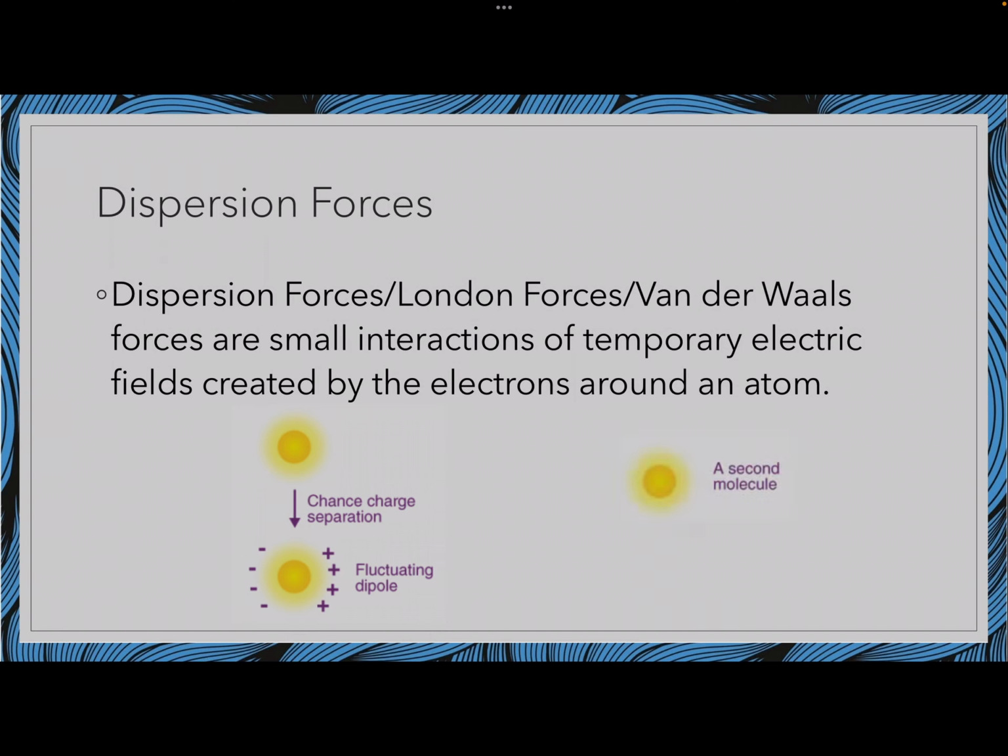Now, what happens when another molecule comes close to the one with the fluctuating dipole? The dipole induces one in the other molecule. On the positive side of where we had that chance charge separation, that positive side will start to pull electrons towards that side of the second molecule.